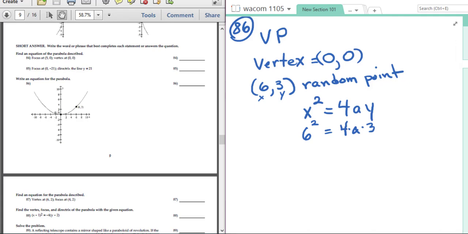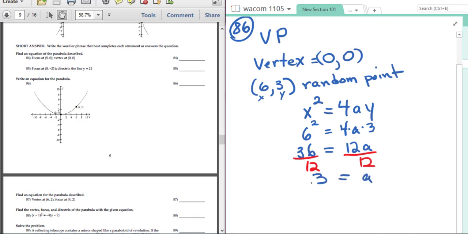Right, so that is 36 equals 12a, and divide by 12. So a equals 3. So plug that back into your formula. So x squared equals 4 times 3 times y, or x squared equals 12y.